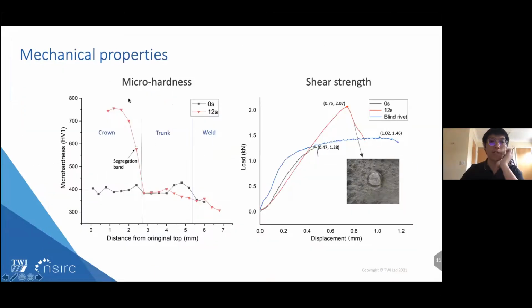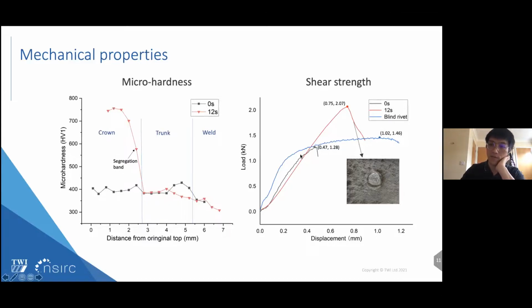This is also reflected in the mechanical properties. At the crown area, because of the primary grains generated there, the microhardness of the post-washed rivet is lower. After that, a shear test was conducted for the original rivet and post-wash rivet, and also a comparative blind rivet.